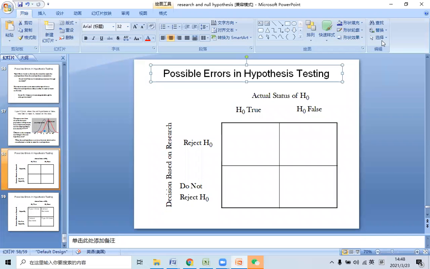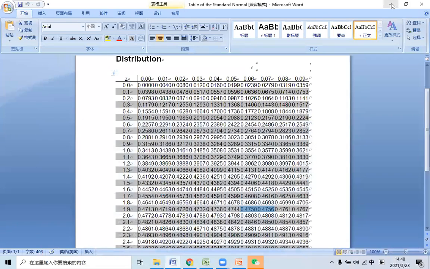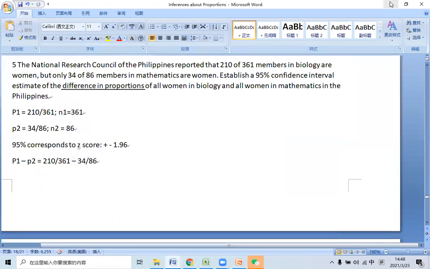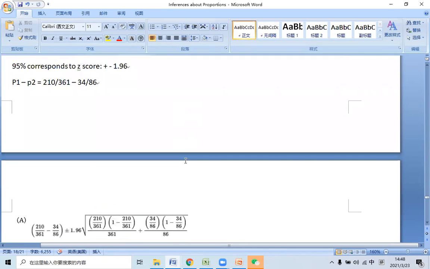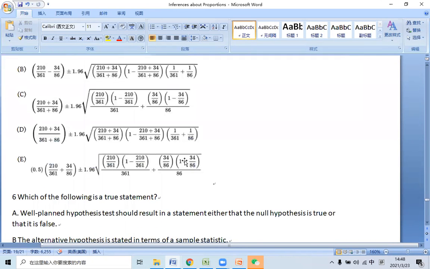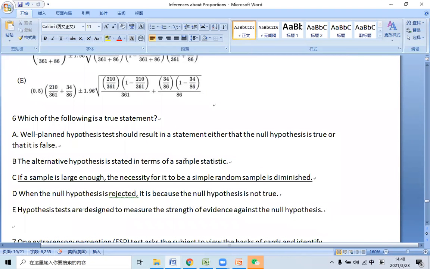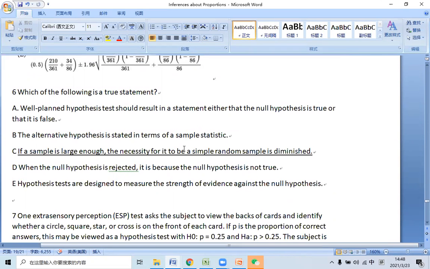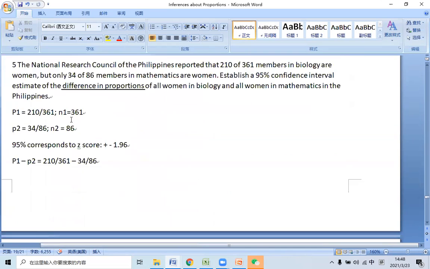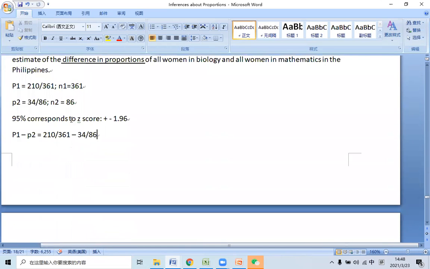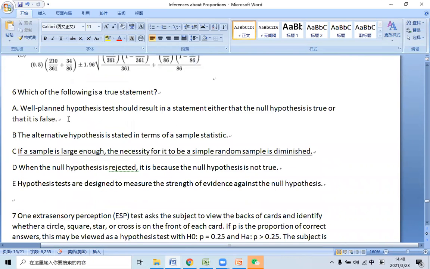And those are the basics of hypothesis testing. Let's look at some questions about hypothesis testing. All right, let's look at question 6.